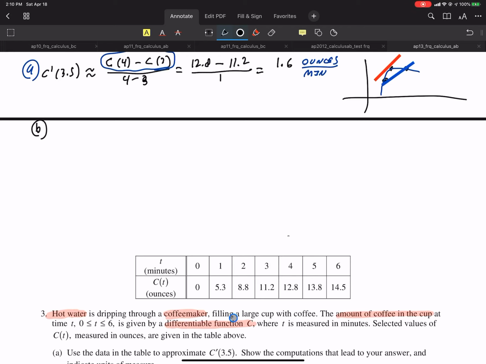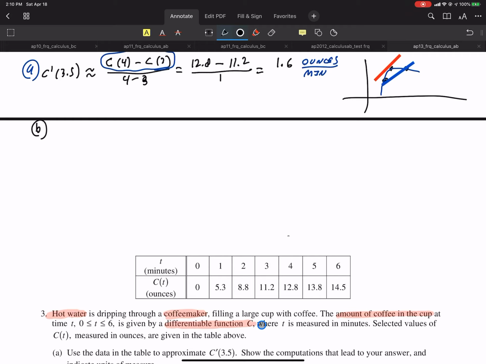So we have differentiability, but it doesn't tell us it's continuous. But we should know if something's differentiable, it has to be continuous, because when we look for a function where it's not differentiable, we look for discontinuities or vertical tangent lines or sharp points. But if it is differentiable, then there must not be any discontinuities, so therefore we know it's continuous.